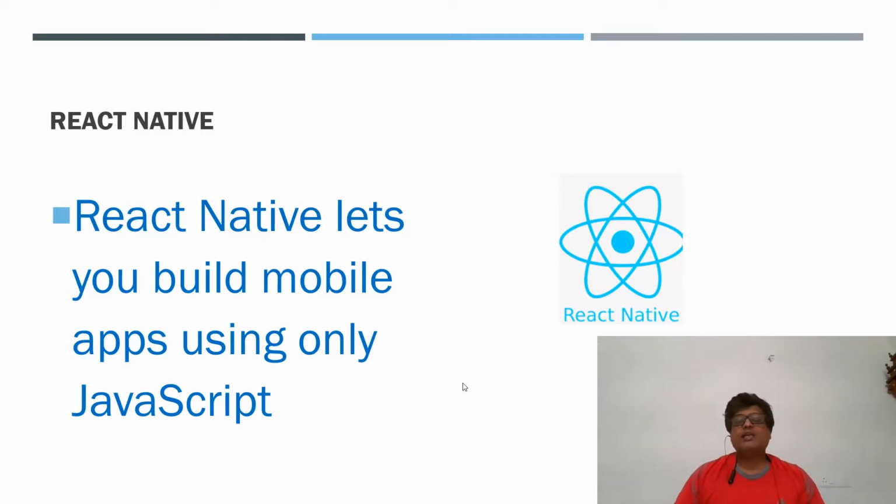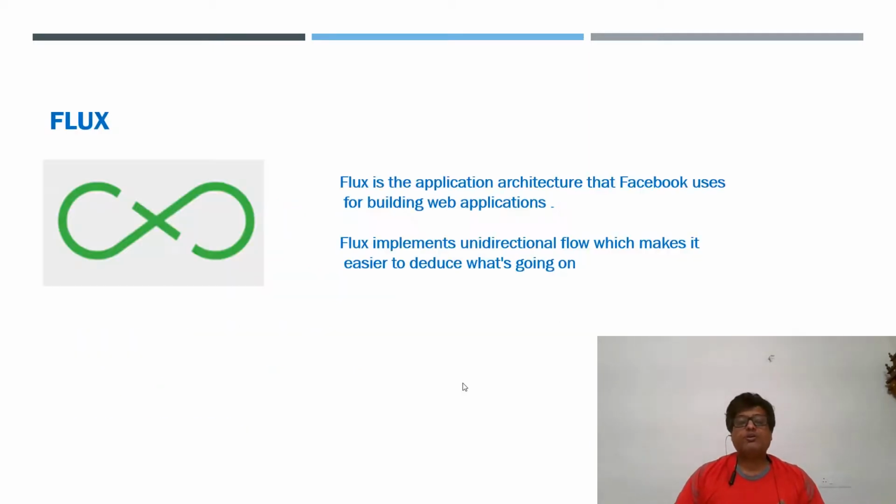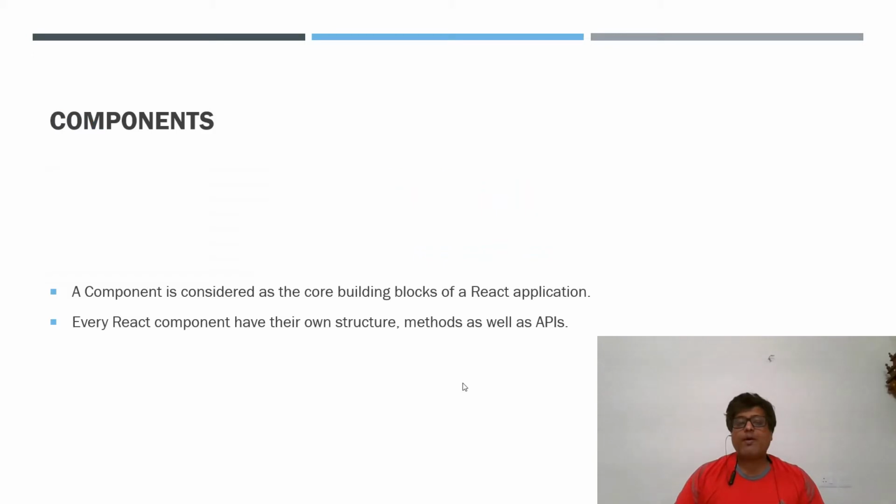React Native lets you build mobile apps using JavaScript. There is one more thing used, Flux. It is an application architecture that Facebook uses for building web applications. Flux implements the unidirectional flow, which makes it easier to deduce what's going on.